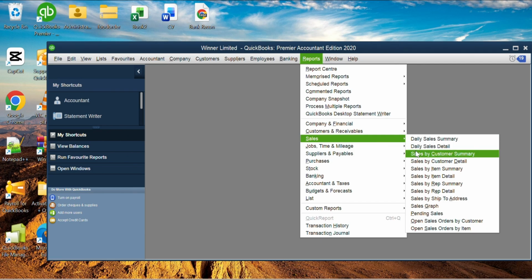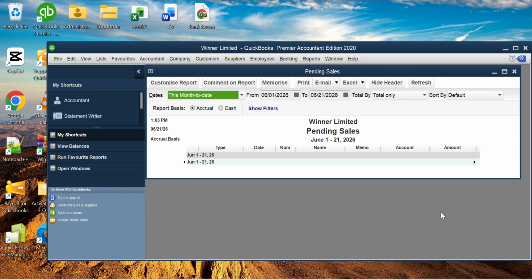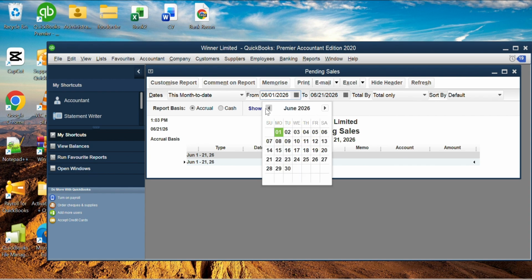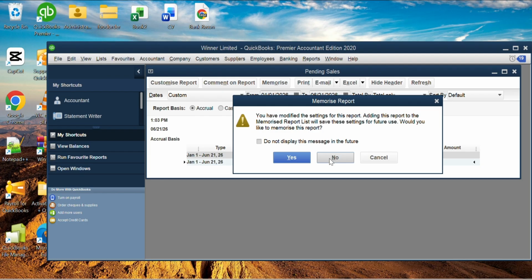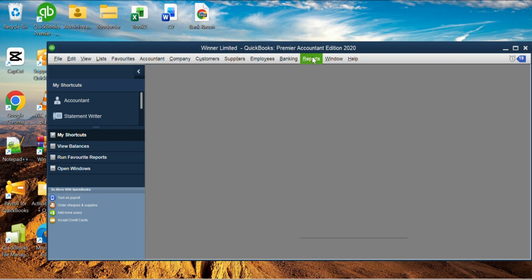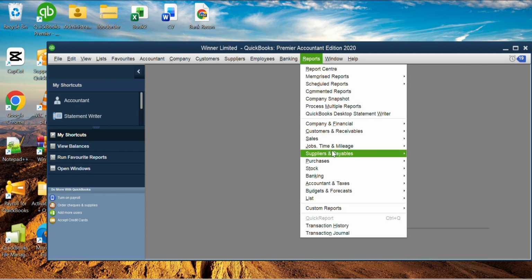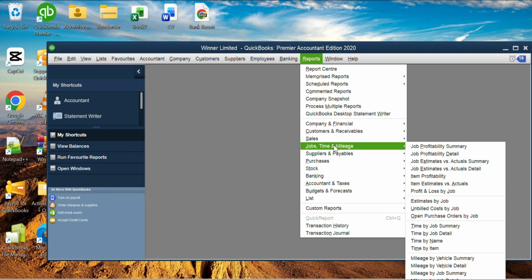So normally check the sales, you just go through and see whatever you want to see. Pending sales, do we have any pending sales? Or things that we sold but they are still pending, like the customer never gave you a go ahead to have those sales. So you just go through these reports and you see whatever is there.